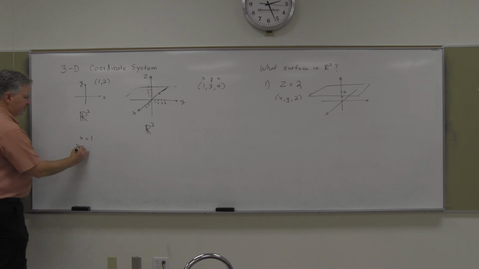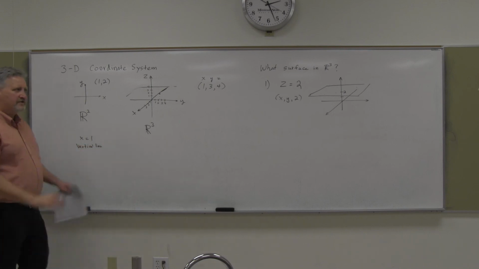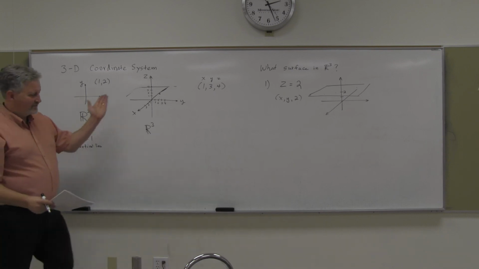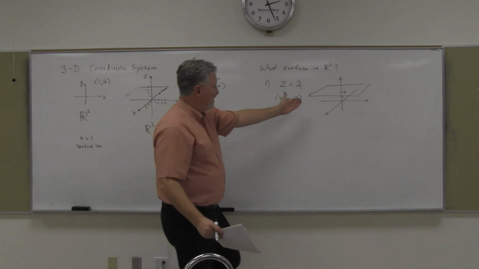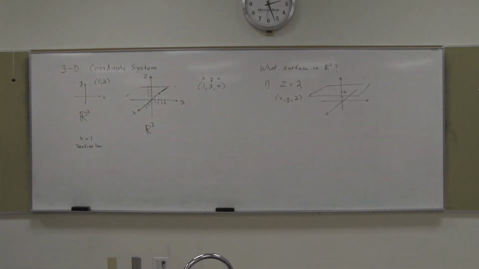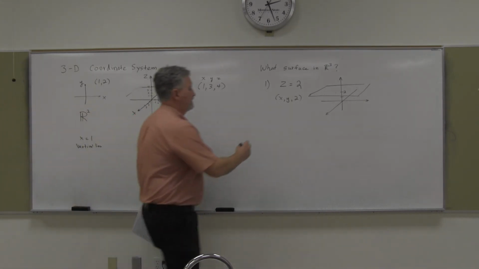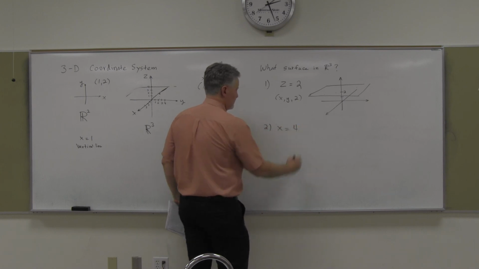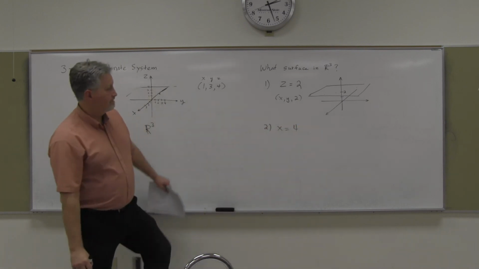You see what I'm saying? So there's those little things. This is a vertical line in R cubed. This is a plane in R cubed. So what would this be? x equals 4.